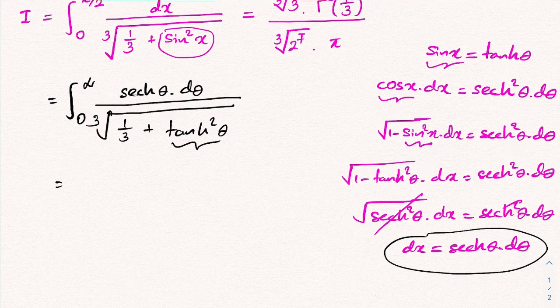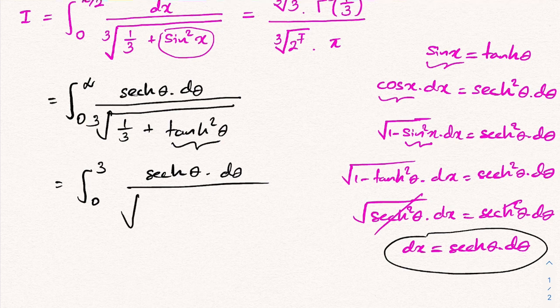So we have the integral from 0 to infinity of hyperbolic secant of theta d theta over the cube root of 1/3 plus, we know this is equal to 1 minus hyperbolic secant squared of theta.